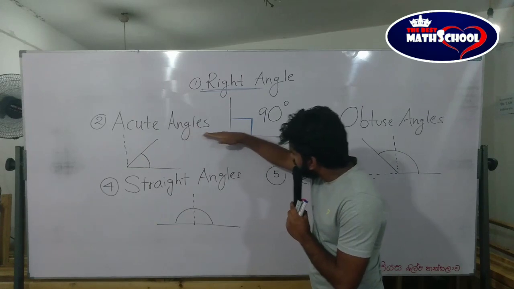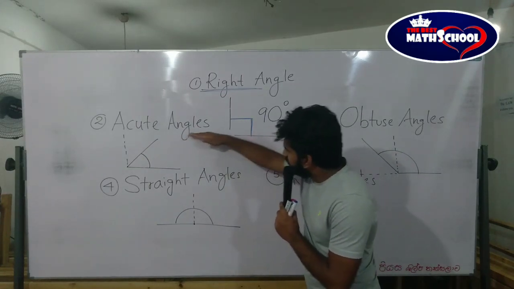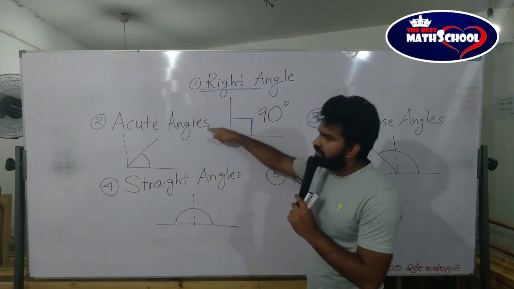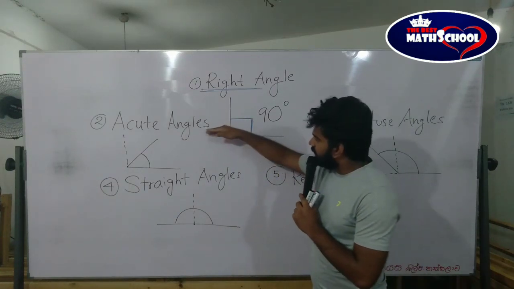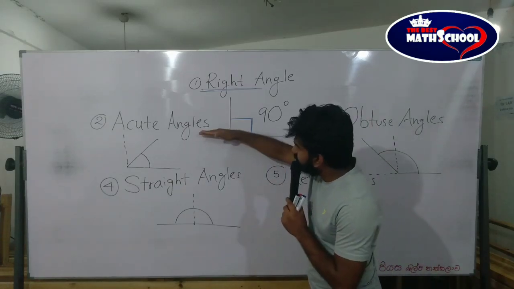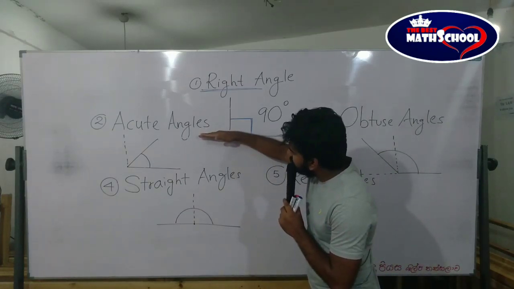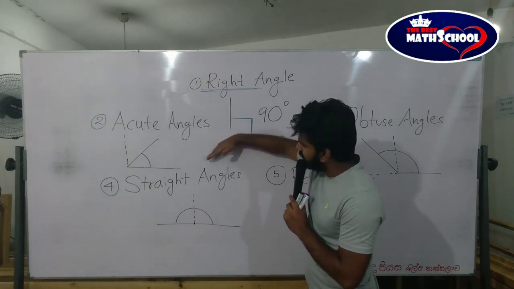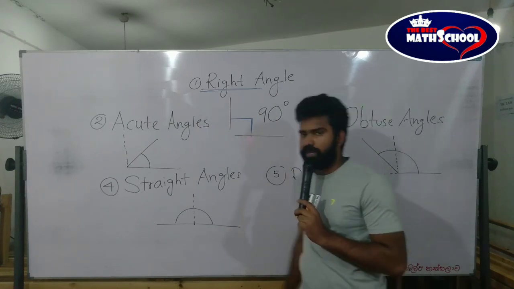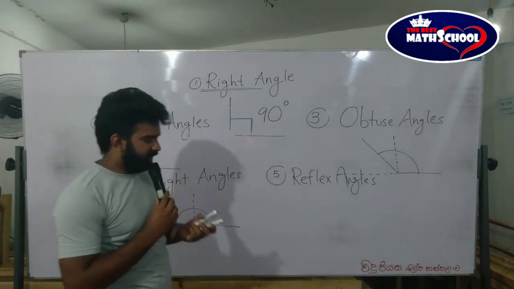And when it comes parallel to this line, it will be a straight angle. Now I'm going to exceed the level of a straight angle, going like this. So the angle created like this will be known as a reflex angle.